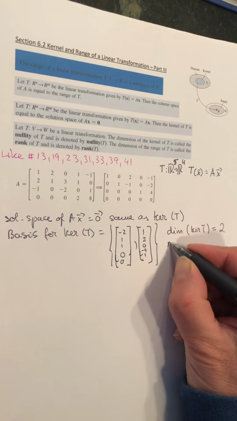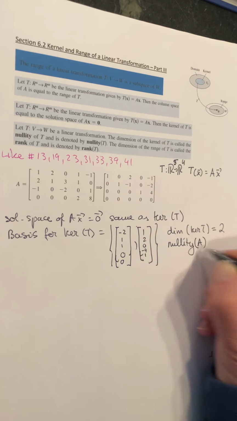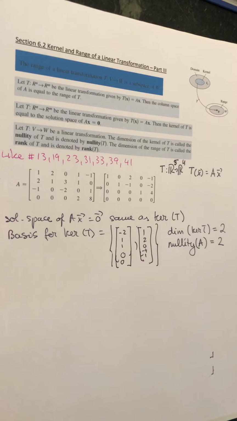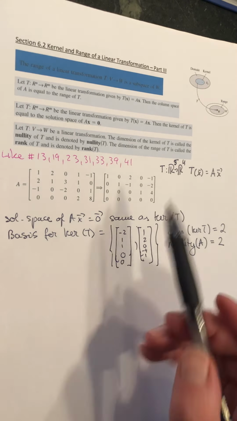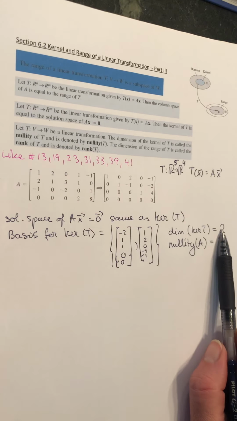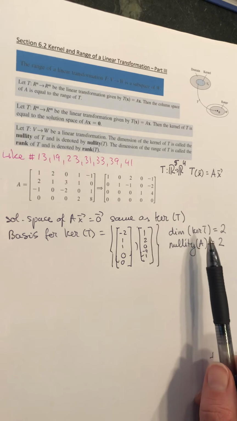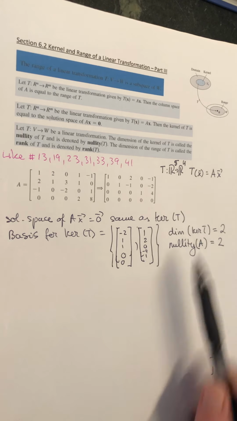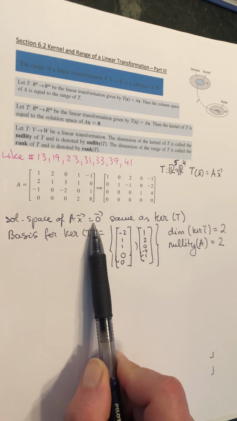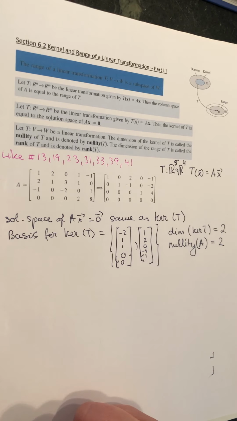This was also called the nullity of matrix A, if you remember from chapter 4. It was computed in exactly the same way. So the nullity of T would be 2, because in this context, the nullity is the dimension of the kernel. Before, we said the nullity is the dimension of the solution space of this homogeneous system of equations.